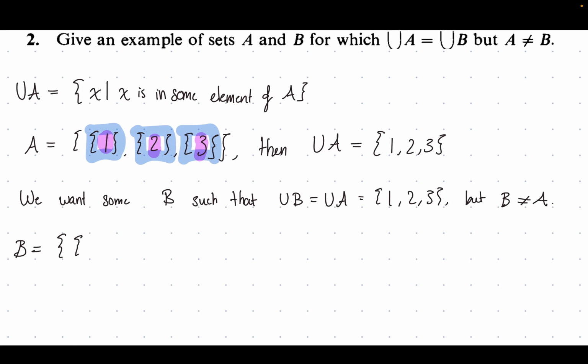So why don't we split them up into even and odd, for instance. So let B be the set containing the set {1, 3}, and also containing the set {2}, right? Then what is UB?